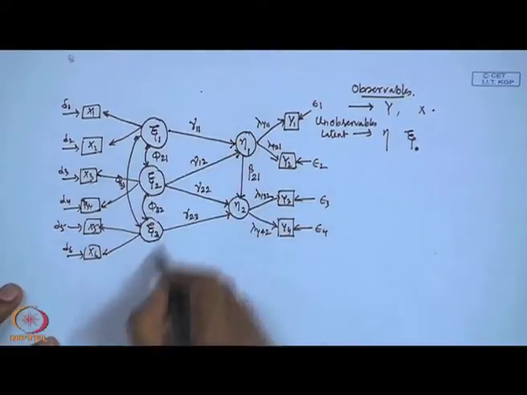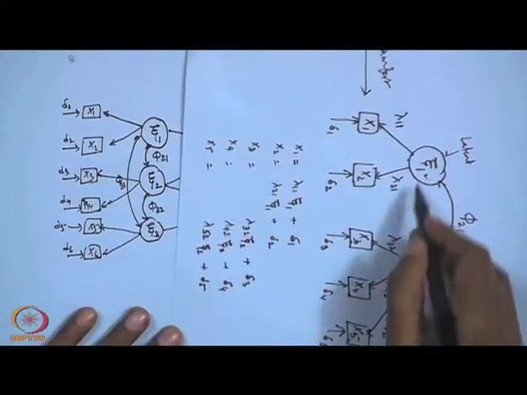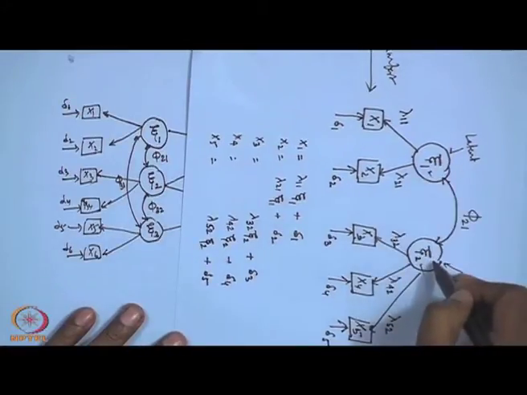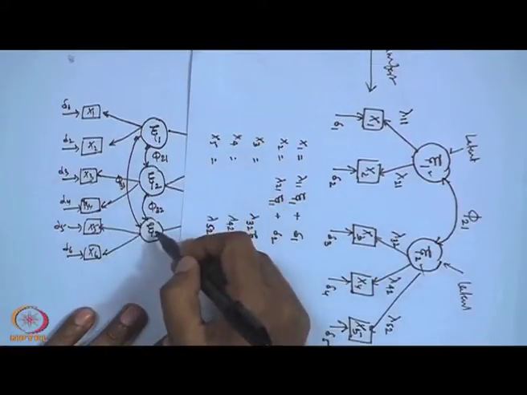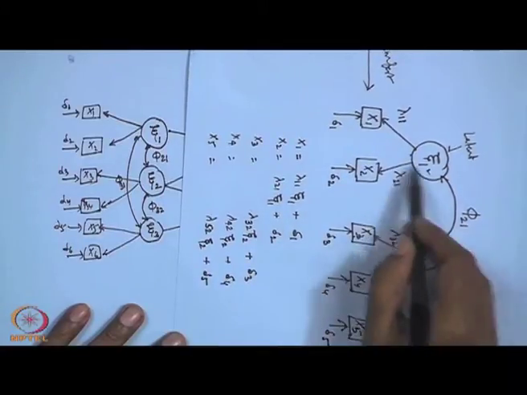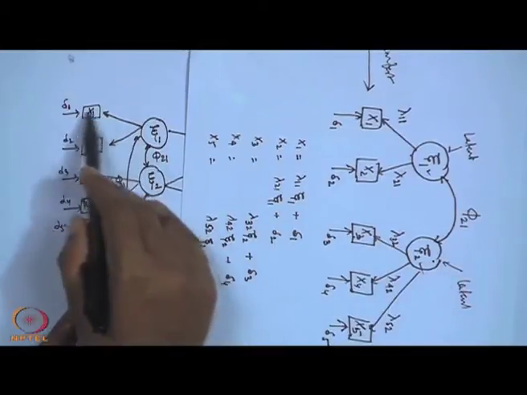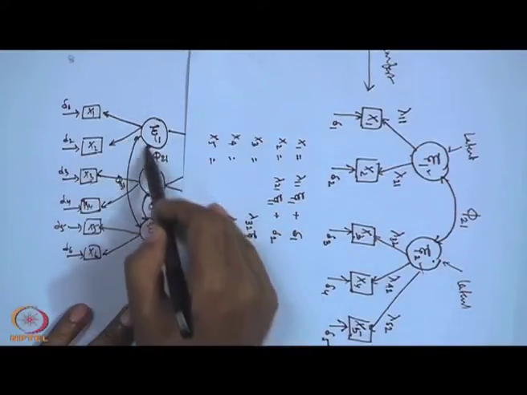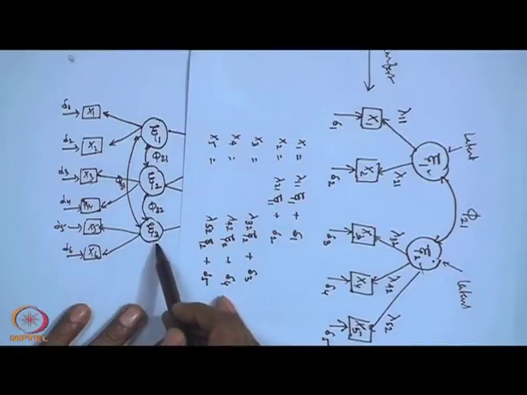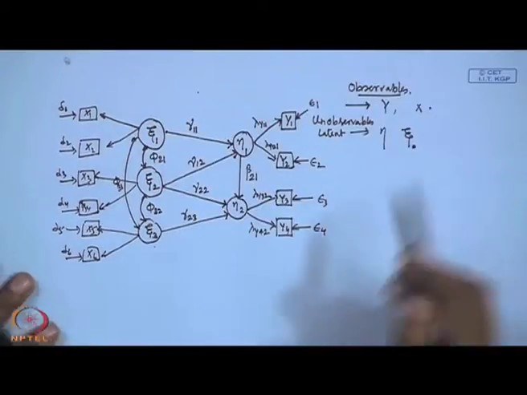Now, if you look at this side, is there any difference between this and this? Here you have taken 3 latent variables, xi 1, xi 2, xi 3. In the earlier case there were 5 indicators, 2 linked with xi 1 and 3 linked with xi 2. Here there are 6 indicators, 2 each linked with xi 1, xi 2, xi 3. So, this is also a factor analysis part, a confirmatory part.